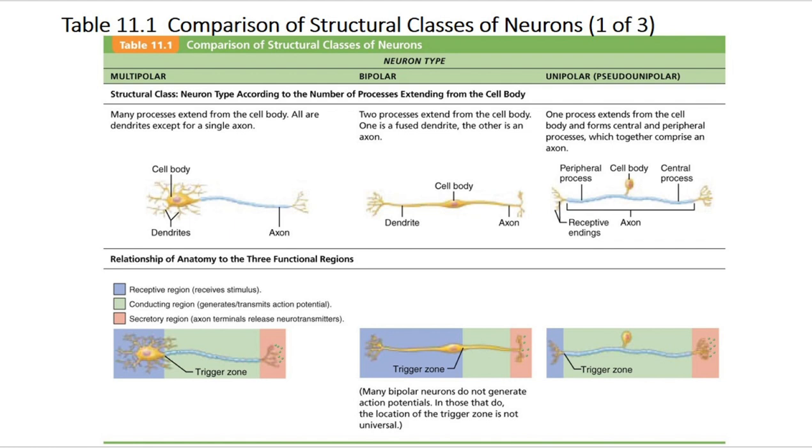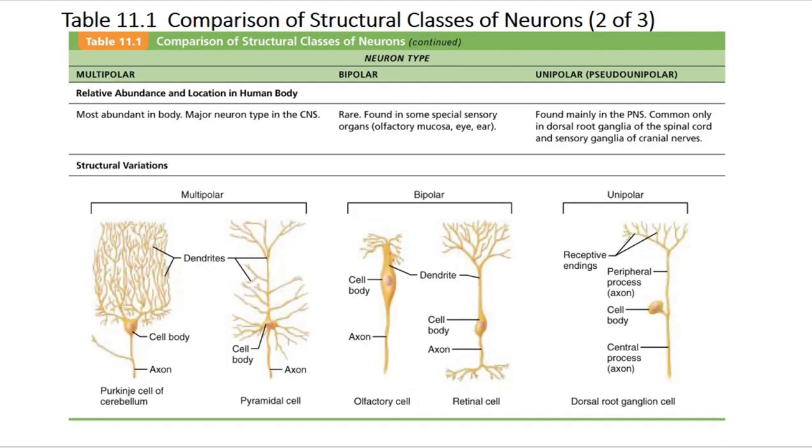Then we have our unipolar or pseudo-unipolar neuron, with its cell body and one process coming off of that very quickly splits into a central and peripheral process. The central process generally goes towards the central nervous system, and the peripheral process generally goes to the peripheral nervous system. But there's modifications to these neurons.